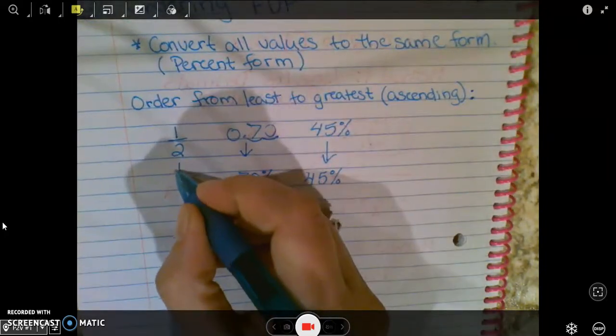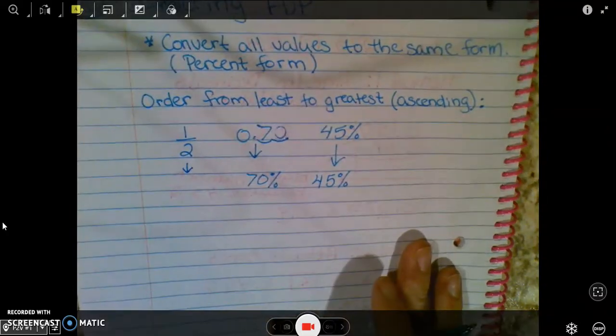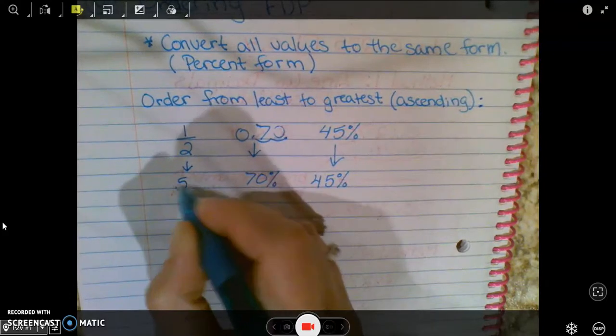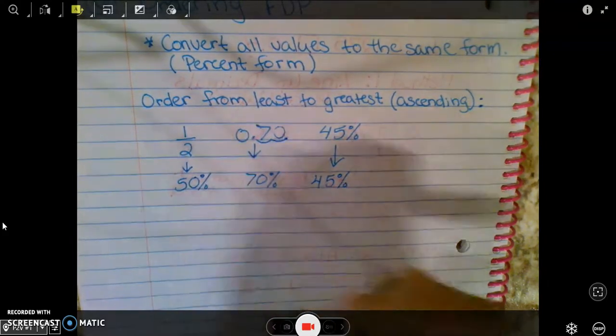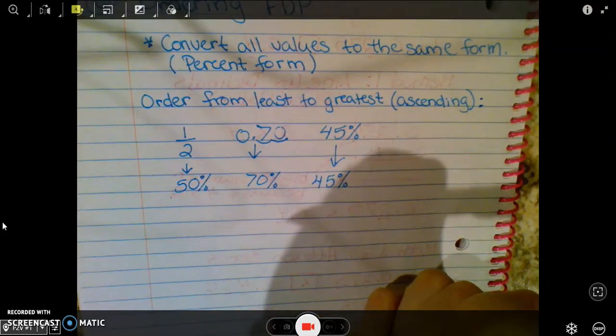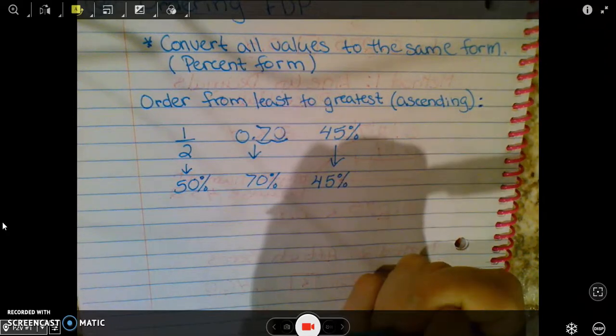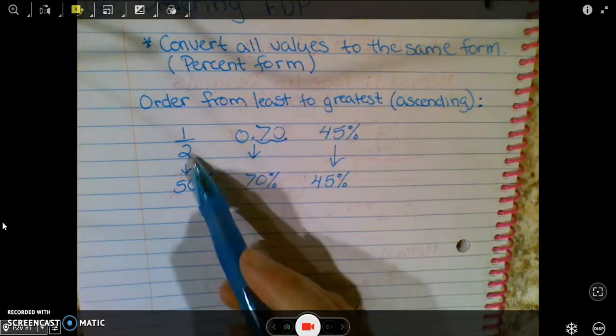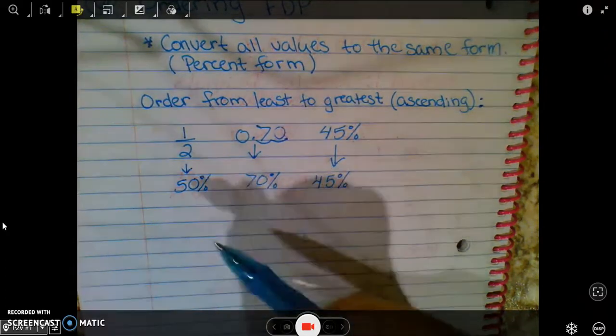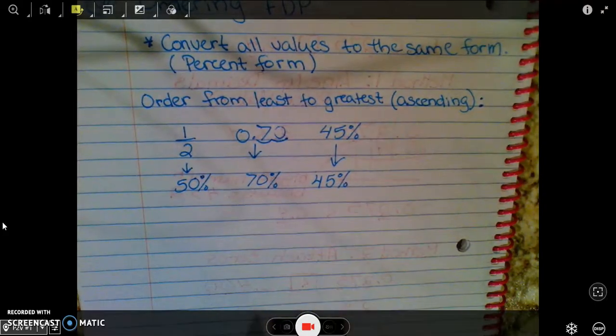And finally, 1/2. A lot of us have this one memorized already. That is 50%. If you did not have it memorized, you would either have to do long division to change it to a decimal and then change the decimal to a percent, or create equivalent fractions where 100 is the denominator. But this is a simple enough fraction, most of us know it.